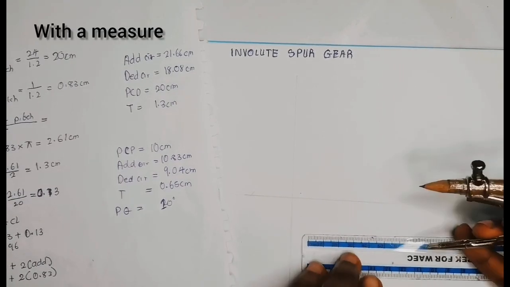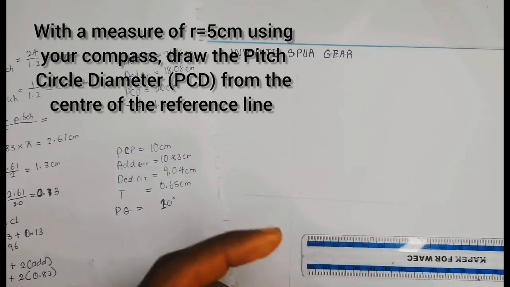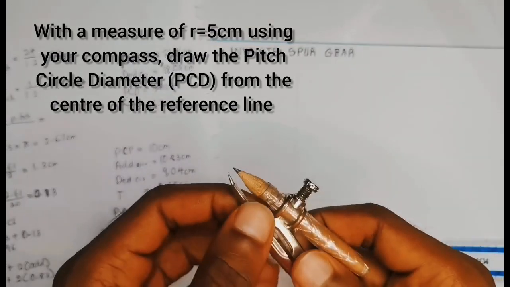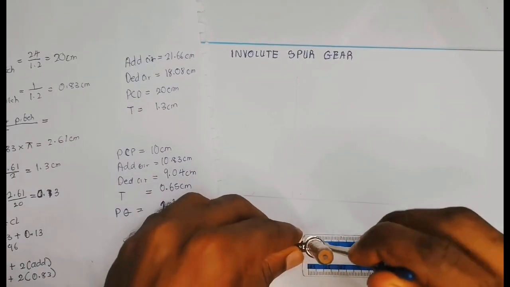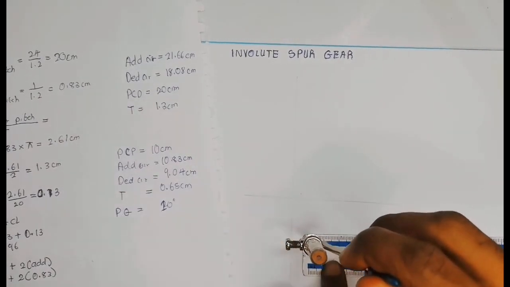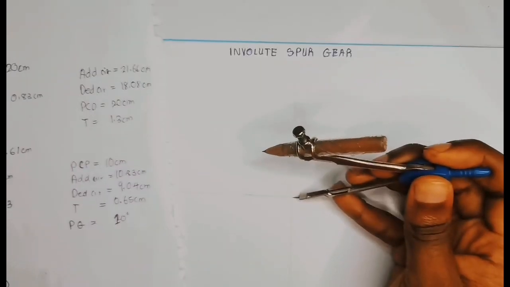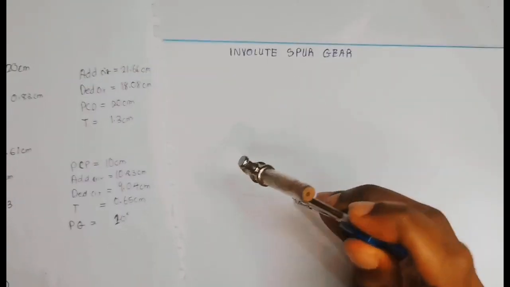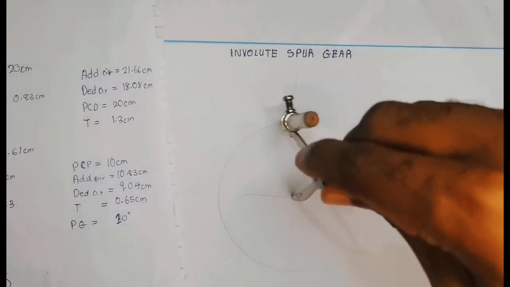centimeters. So using our compass, which is properly aligned as shown, we pin at 5 centimeters. Measure 5 centimeters on your meter rule. Pin at the 0 point. Make sure it's at the 0 point so that we can't have error in our drawings.